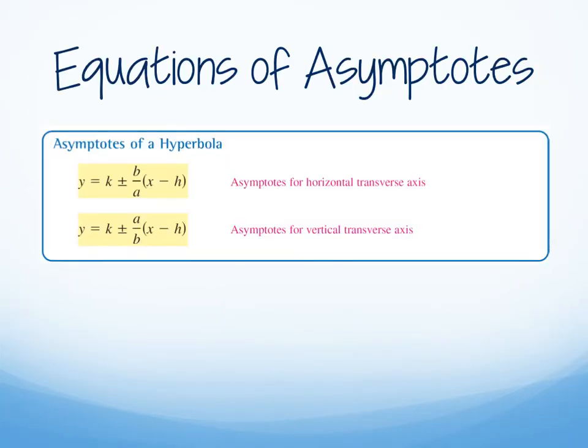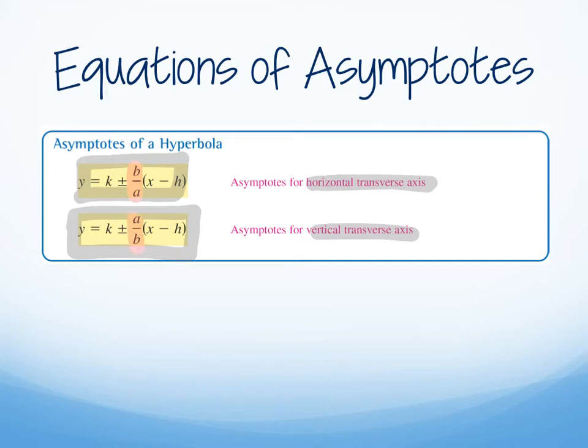All right, so the equations of the asymptotes are found based on whether it's a horizontal or vertical transverse axis. If it's horizontal, then my equation is y equals k plus or minus b over a, so therein lies the difference, times (x minus h). And if it's vertical, then my equation is y equals k plus or minus a over b times (x minus h). So the h always goes with the x. The k goes out by itself.